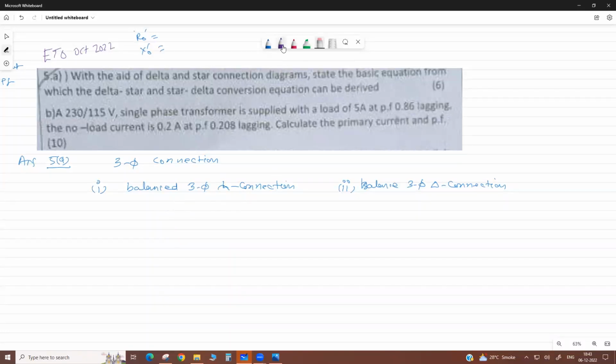This is your per phase impedance, the load impedance per phase.